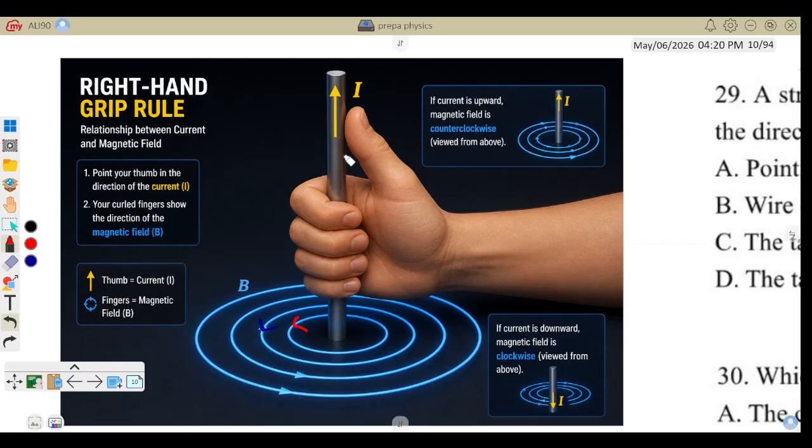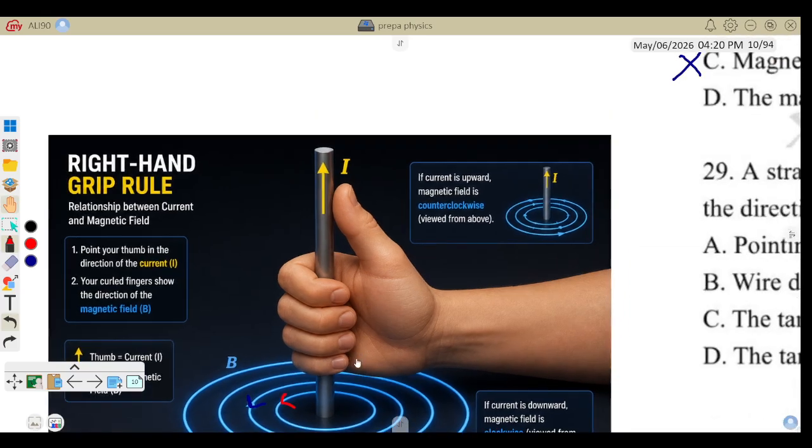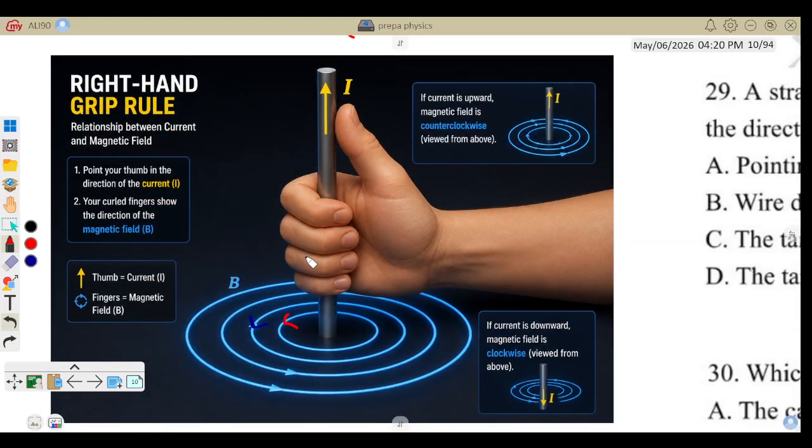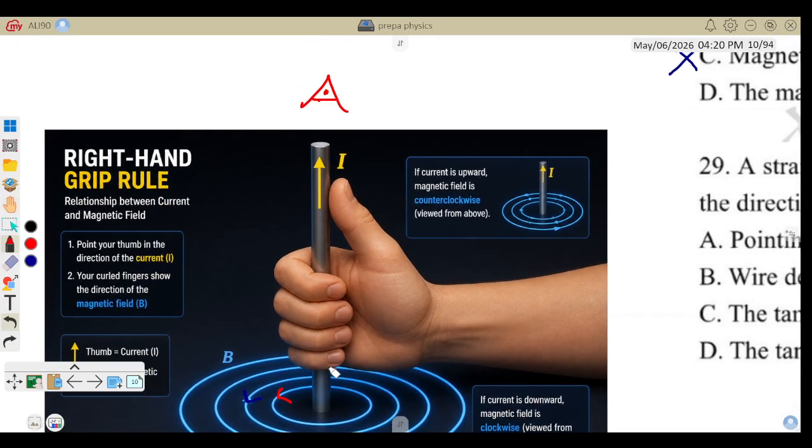So we have a look from the top. This is our eyes, where we see the whole system, and if we look from the top, we're going to see the direction of the magnetic field as concentric circles pointing counterclockwise.